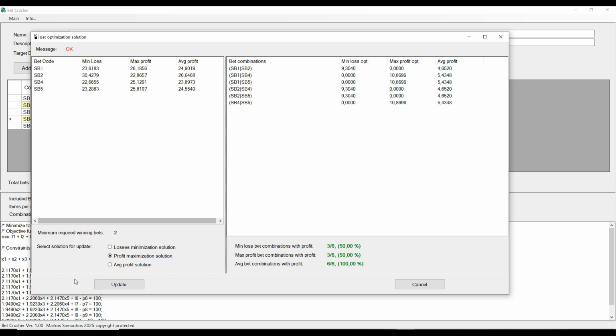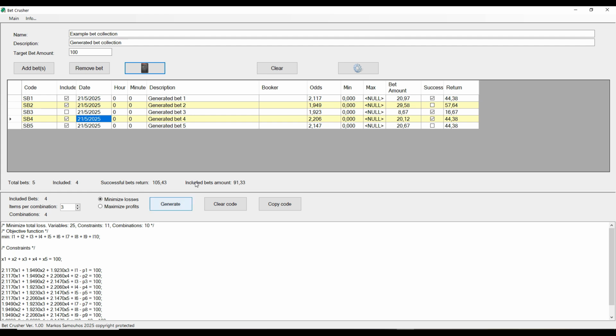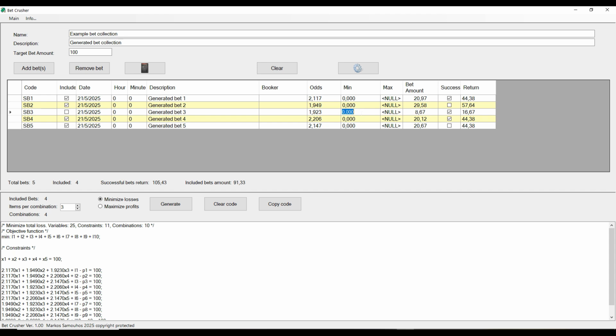This is the number 2. We can apply this solution if we want, or stick with the original 5 bets and require 3 of them to win in any combination. We can set minimum and maximum constraints for every single bet if we want.